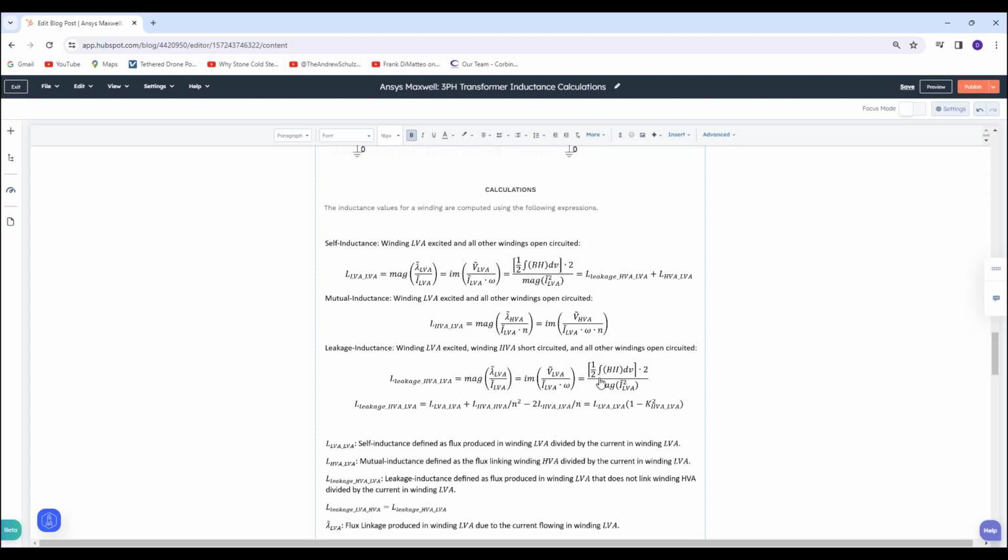Is equal again to the total magnetic energy multiplied by 2 divided by the magnitude of the low voltage phase A current squared, okay?